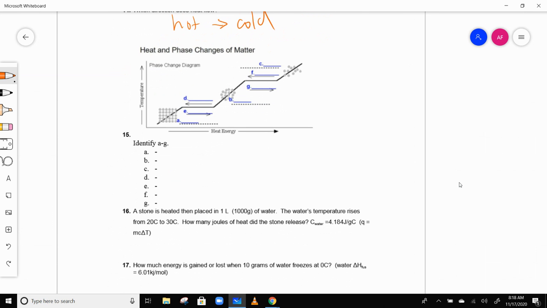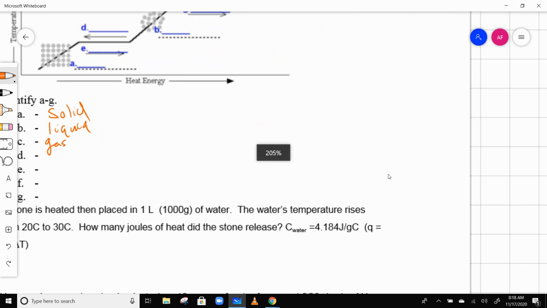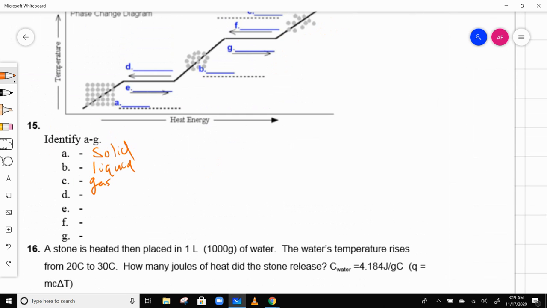Okay, so we're looking at this heat and phase change of matter graph here. What are these different points? A represents the solid phase. B represents the liquid phase. And C represents the gaseous phase. Okay.